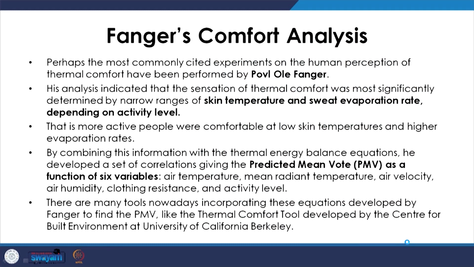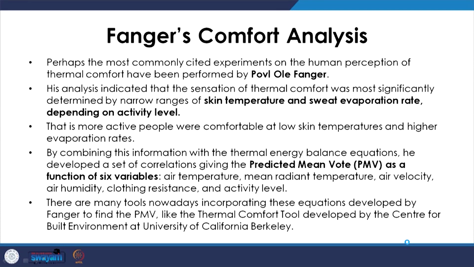After all these, the most commonly used, the most popular comfort index is Fanger's comfort analysis, which was performed by P.O. Fanger, and it has become one of the most popular tools for understanding thermal comfort.